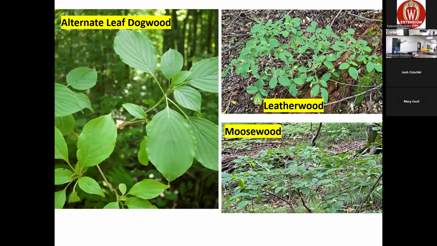So I'll pass around this little sprig of leatherwood or moosewood. Another interesting thing about it is the reason it's called leatherwood is because it's very, very pliable. You do this with most things, it would break or bend much harder. It's very, very pliable, leathery, called leatherwood.